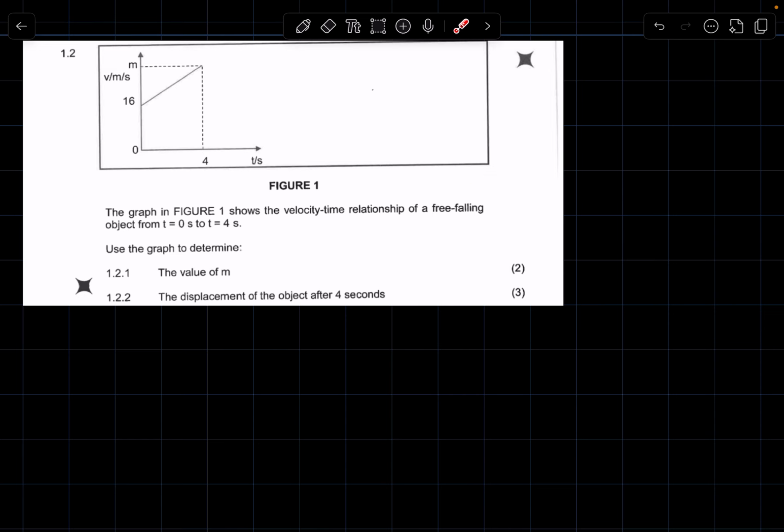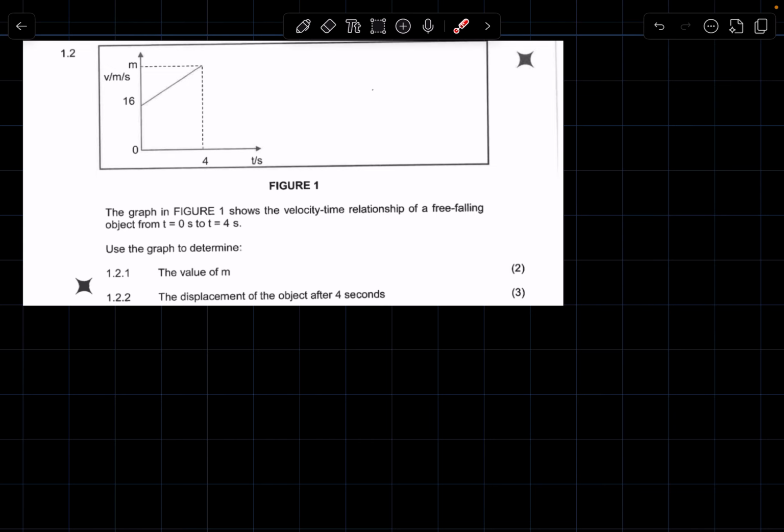Now, the free falling object part of this problem statement is essential because it tells you if the object is moving along the horizontal plane or along the vertical plane, right? An object that is moving along a horizontal plane cannot be falling, but something that is falling would have to be an object that is moving along the vertical plane, right?